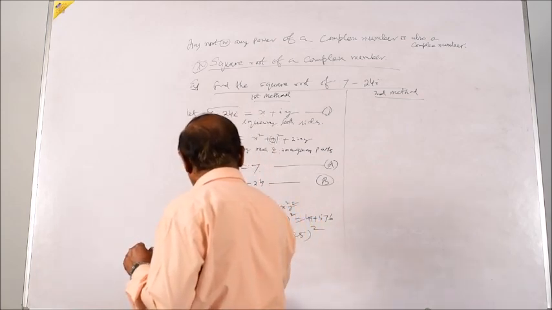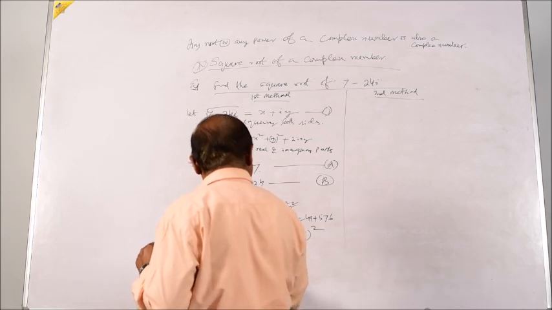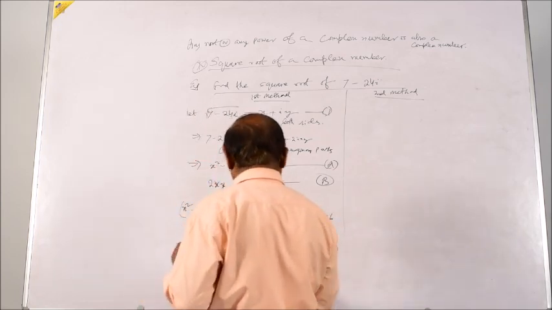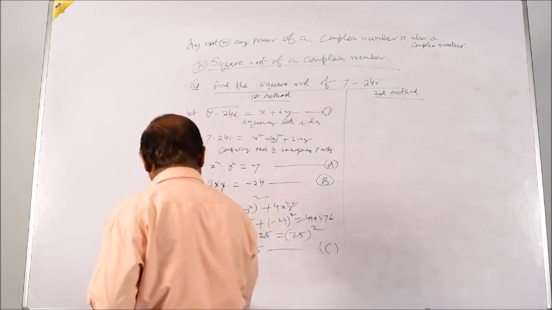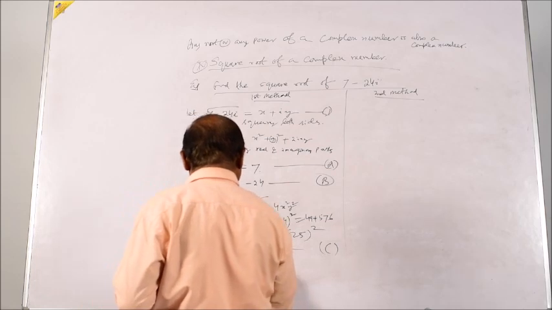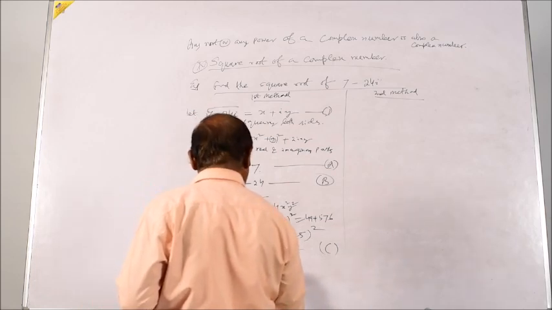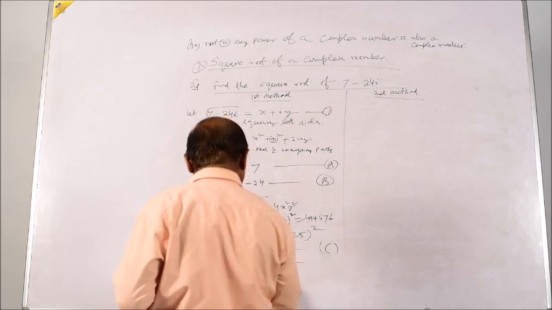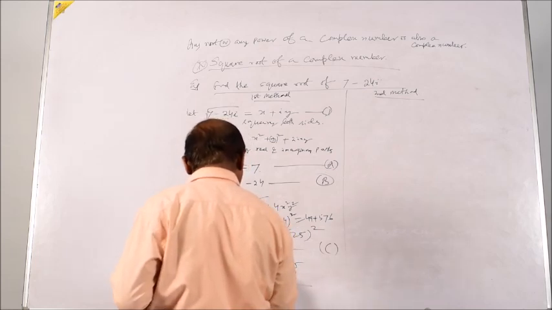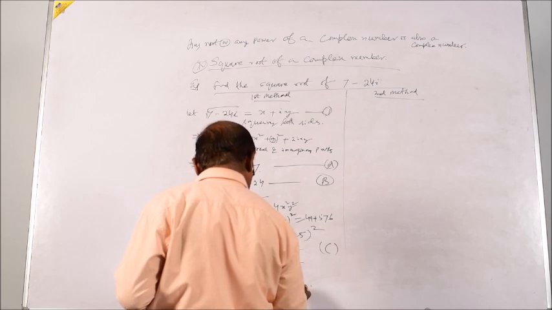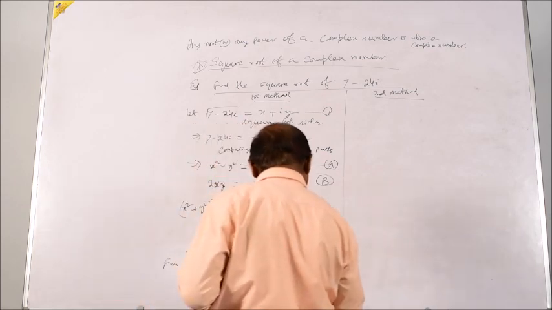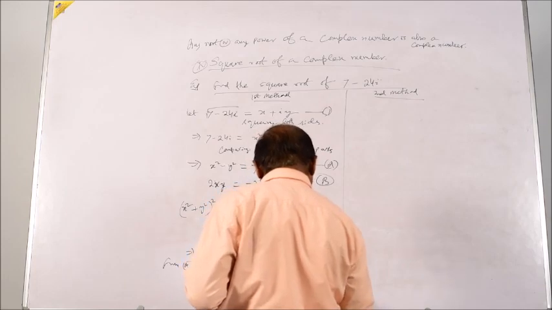So, we accept x square plus y square is equal to 25. From A and C, you see x square plus y square is equal to 25, x square minus y square is 7, you add them, this gives 2x square is equal to 32, x square is equal to 16, that implies x is equal to plus minus 4.